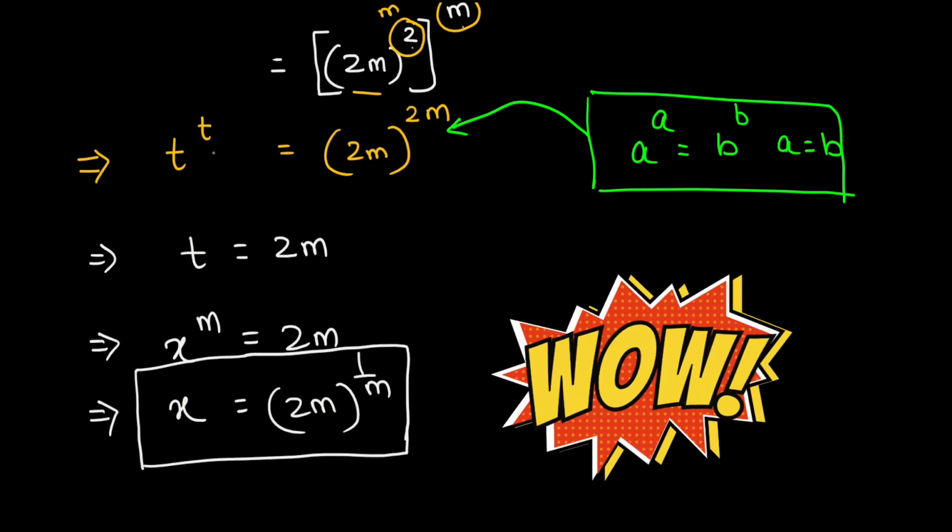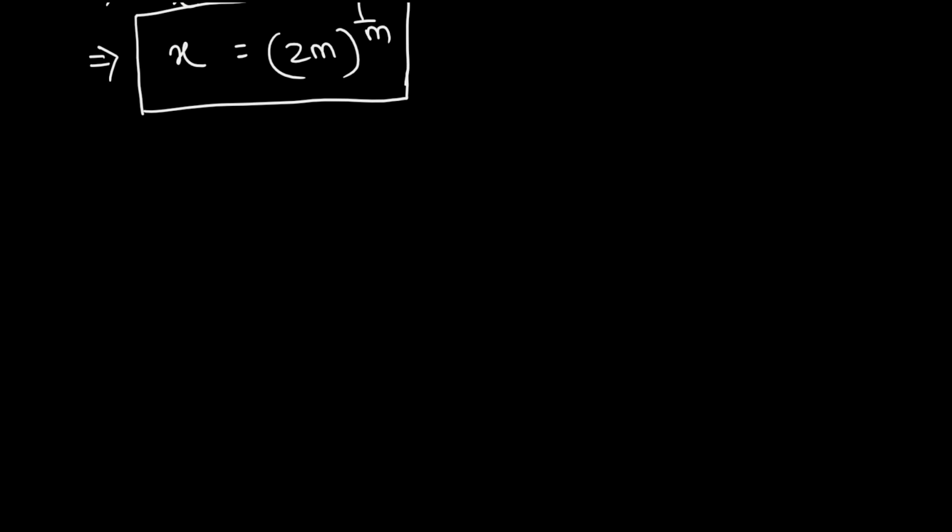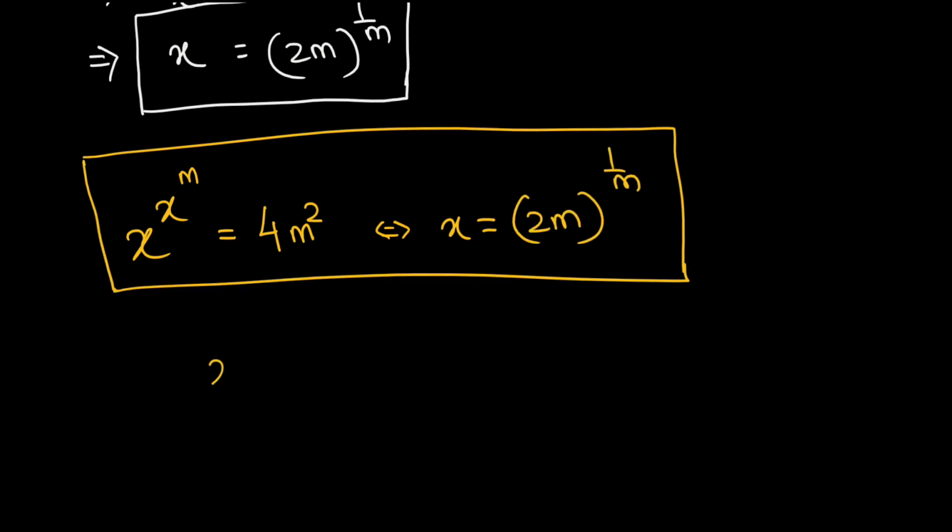Now let us solve some of the questions. So we have derived the formula as: if x to the power m is equal to 4m square, then the value of x is equal to 2m to the power 1 by m. Now if the question is x to the power 4 is equal to 64, let us find if this question is falling under this pattern or not.